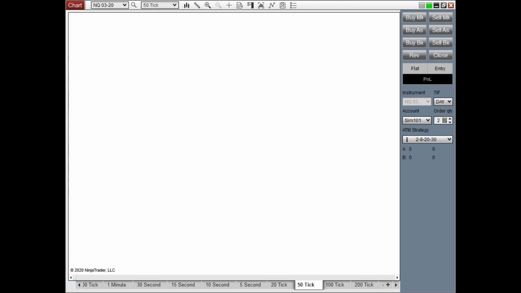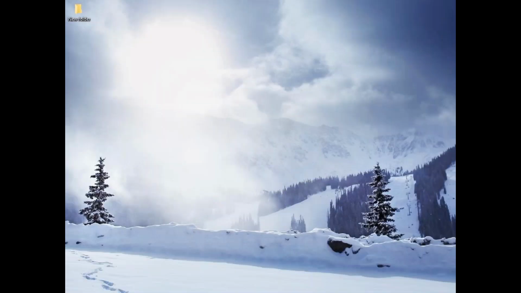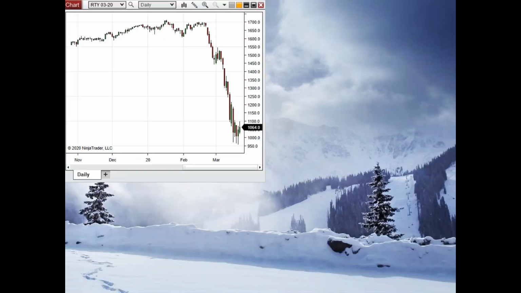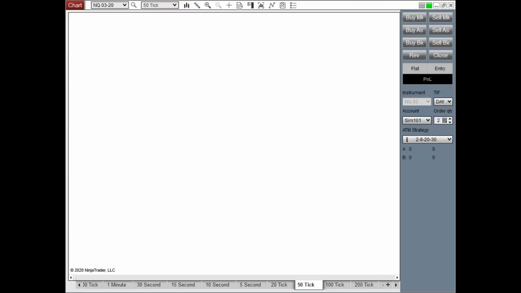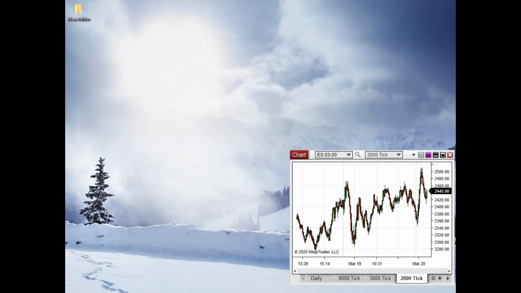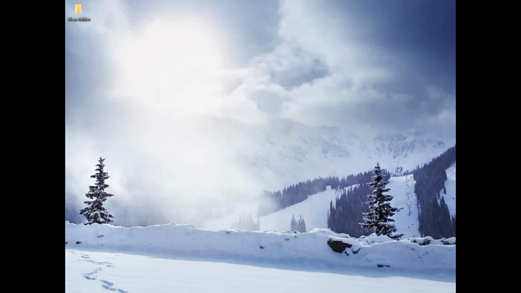Yeah, exactly. So a lot of times it might not give you a huge clue on a bigger time frame. I'm going to close up some of these other charts here that are trying to load, but it might give you a clue on that smaller one.